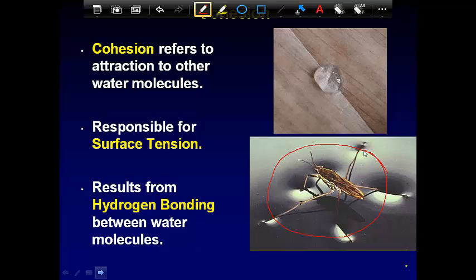And again, where does this come from? That hydrogen bonding between the water molecules is what creates this surface tension. So two water molecules attracted to each other is called cohesion. Sometimes causes this bubbling up. You know, if you put a drop of water on a table and it forms this little dome. Okay, that's because of cohesion. Again, this results in surface tension, which all comes back to that hydrogen bonding.